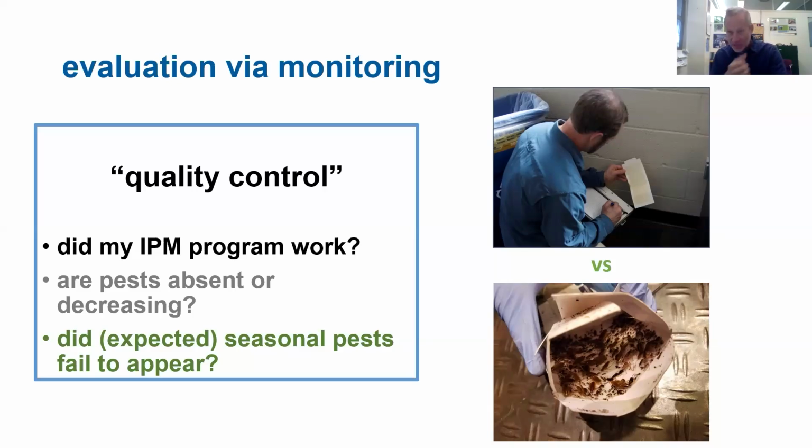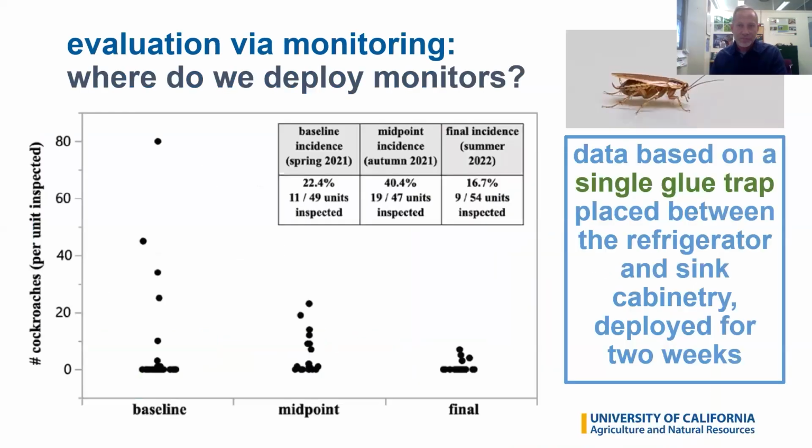In this example, we're looking at German cockroaches. German cockroaches can be trapped quite easily if you know where to put your monitoring device. And this is a great way to know if your baiting program or your exclusion program is effective.